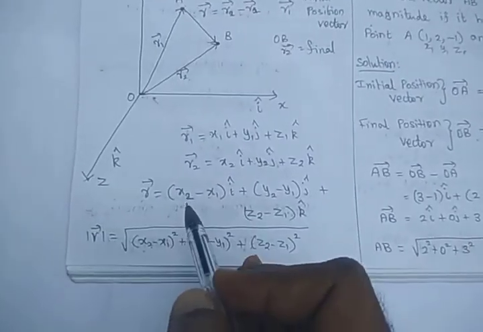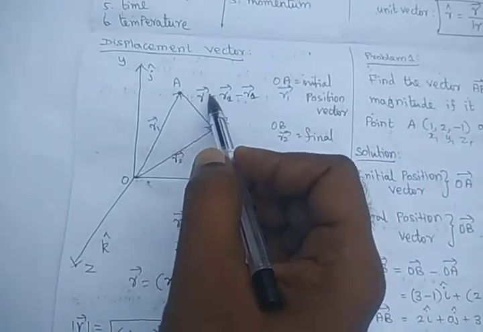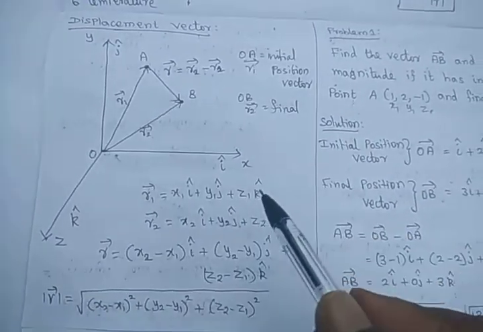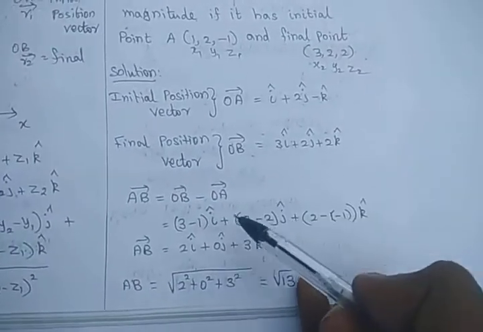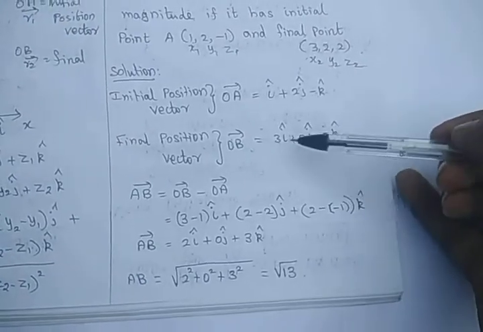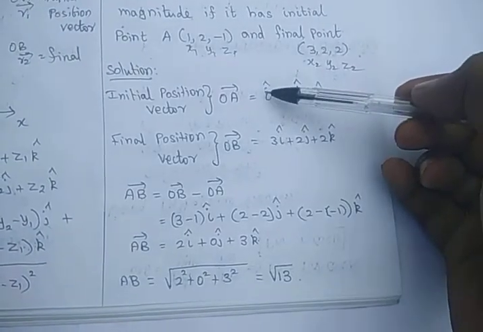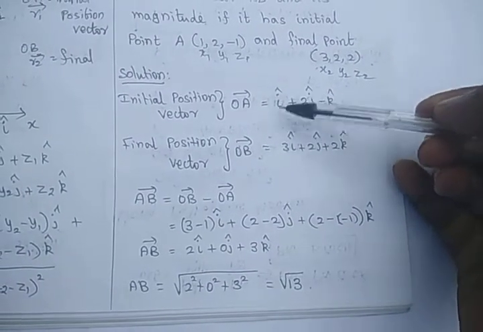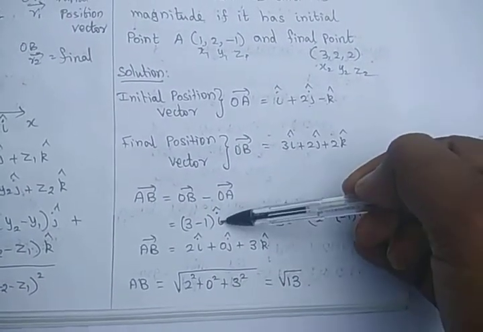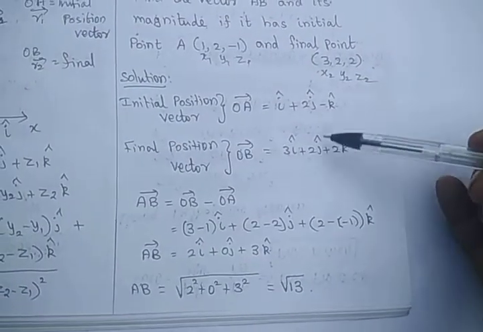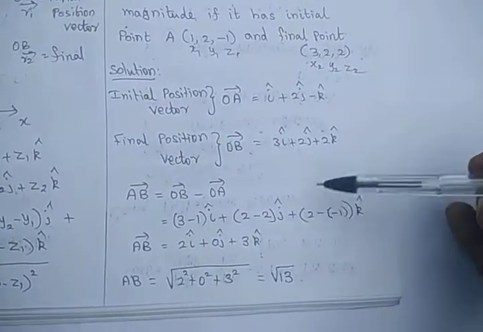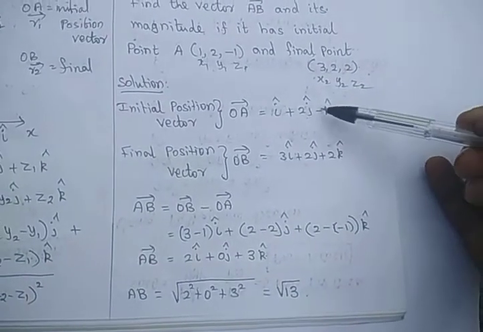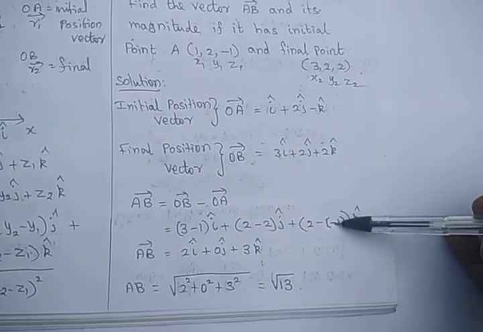The displacement vector is equal to the r2 vector minus the r1 vector, final position vector minus initial position vector. The final position vector is OB, the initial position vector is OA. So 3 minus 1 into i cap, plus j is common, so 2 minus 2 j cap, plus, then z2 minus z1.